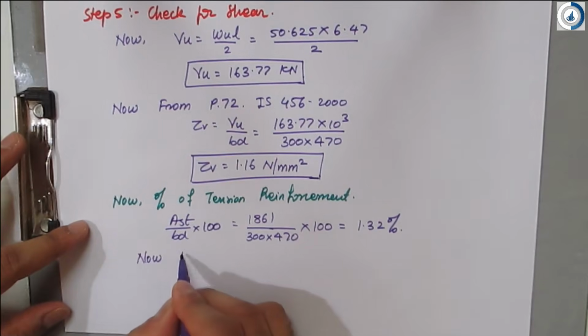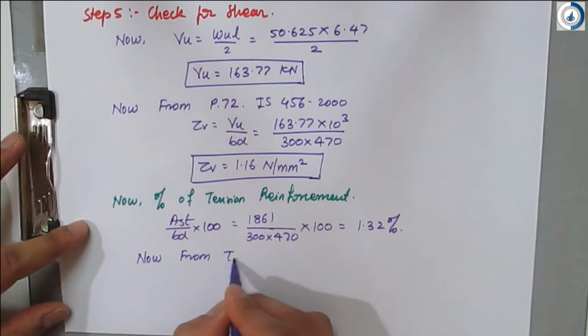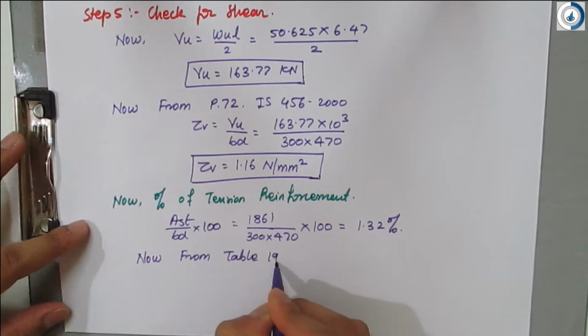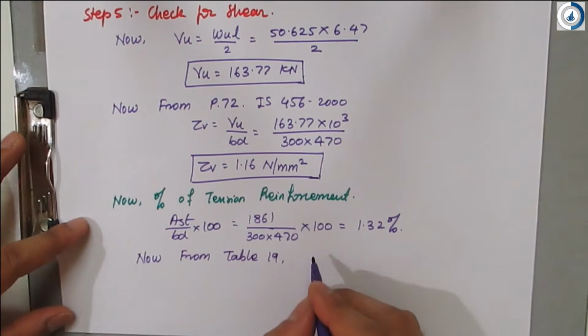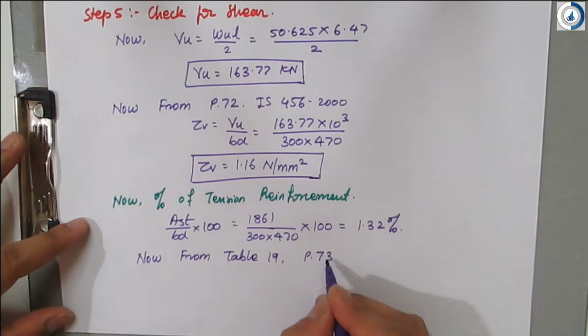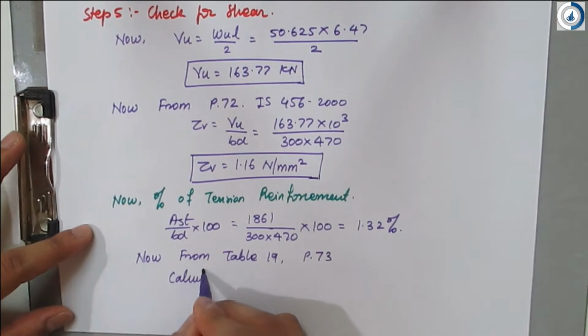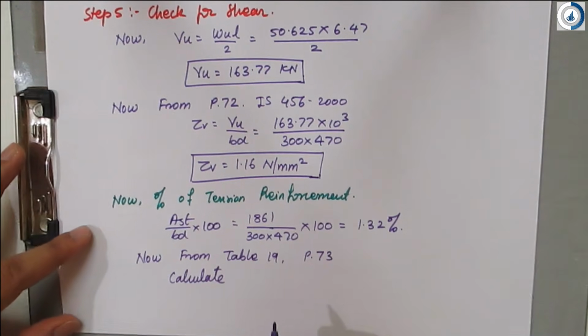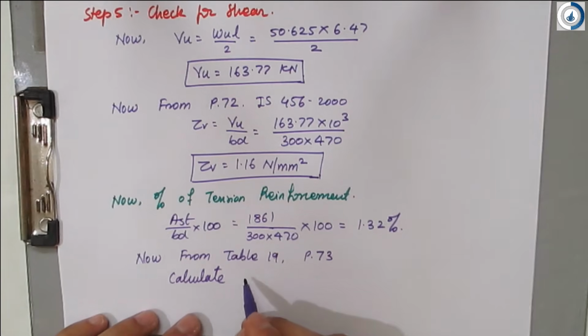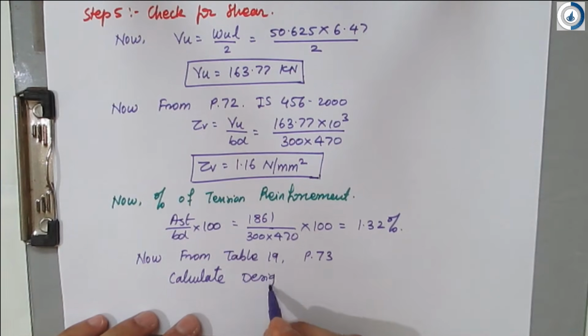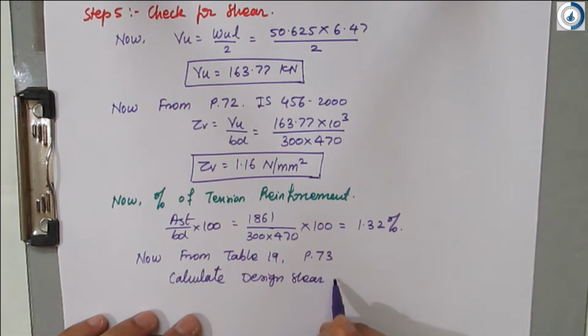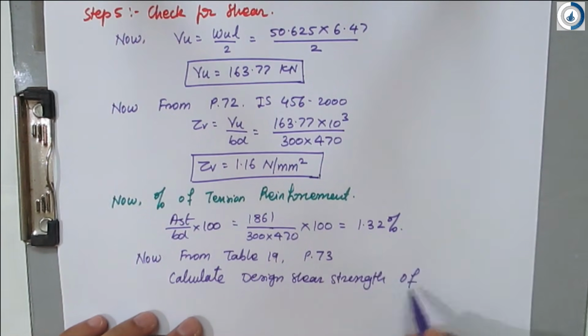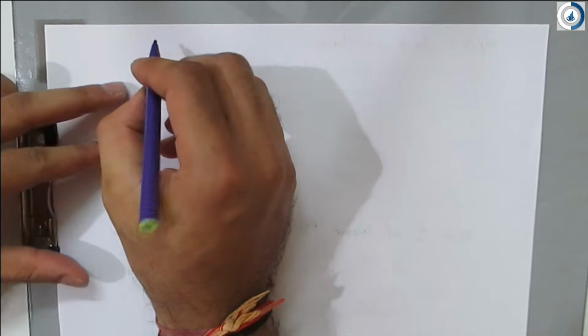Now from table 19, page 73, calculate the design shear strength of concrete. Okay. So our percentage is 1.32.